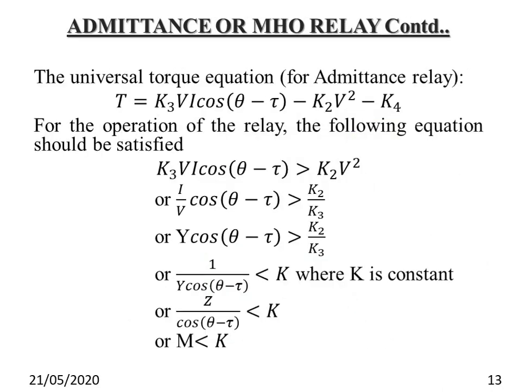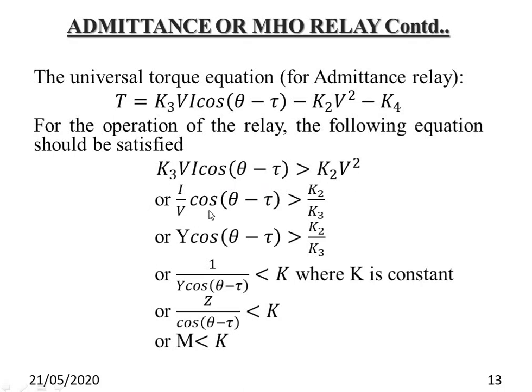Now see, the torque equation is K3 Vi cos of theta minus tau minus K2 V square minus K4. What is the operating condition? Definitely the operating torque must be greater than the restraining torque. So K3 Vi cos of theta minus tau is greater than K2 V square.